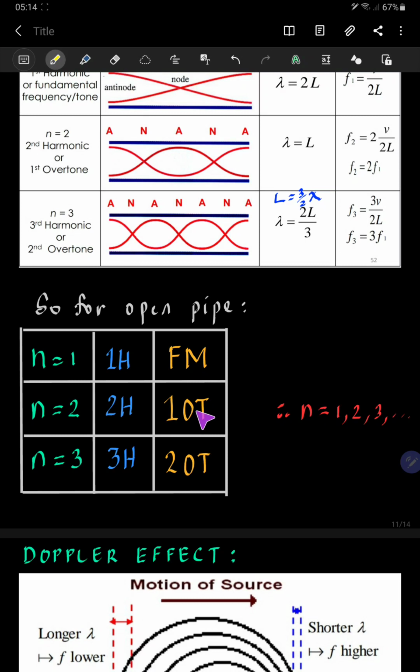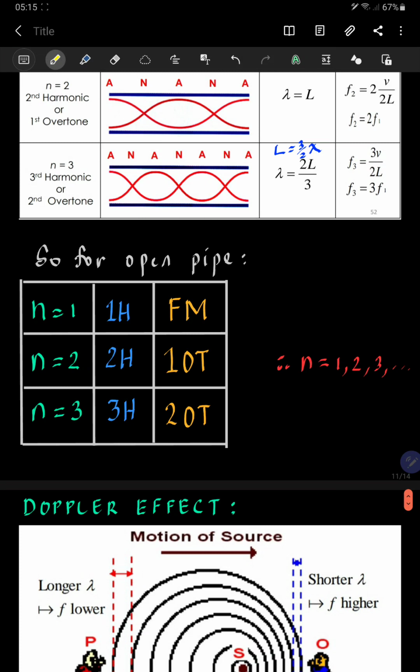For the fourth overtone, fundamental, first, second, third, fourth, n equals 5, because 1, 2, 3, 4, and 5. So we need to know the difference between harmonic and overtone. Given harmonic terms, we just take the numbers directly. For overtone, we need to add 1, because we start with the fundamental mode.